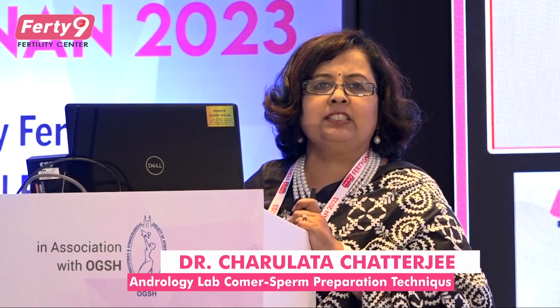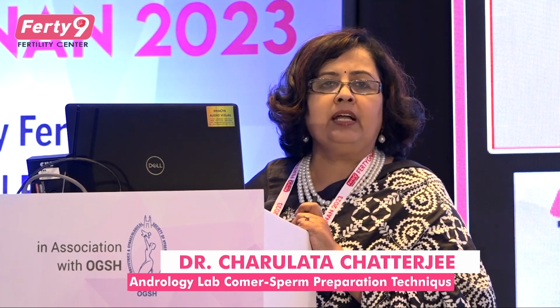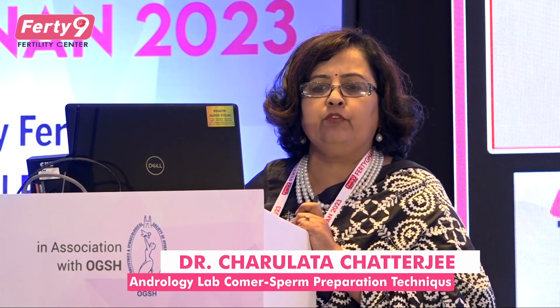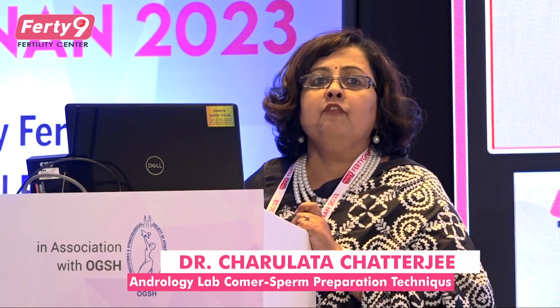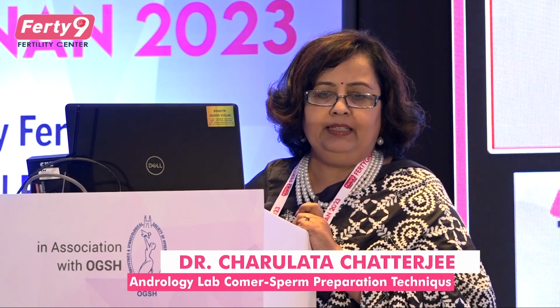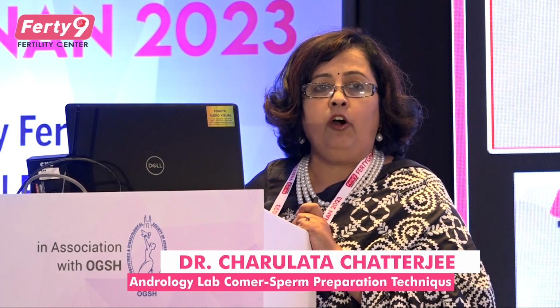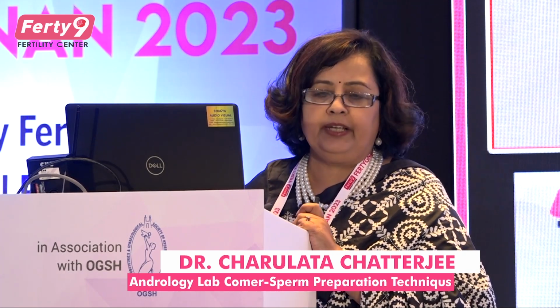There are different abnormalities which can be seen, shown in this diagram: what kind of head abnormality, what kind of midpiece abnormality, and what kind of tail abnormality we observe under the semen analysis. But in case of ICSI, we need to take the normal morphological looking sperm.